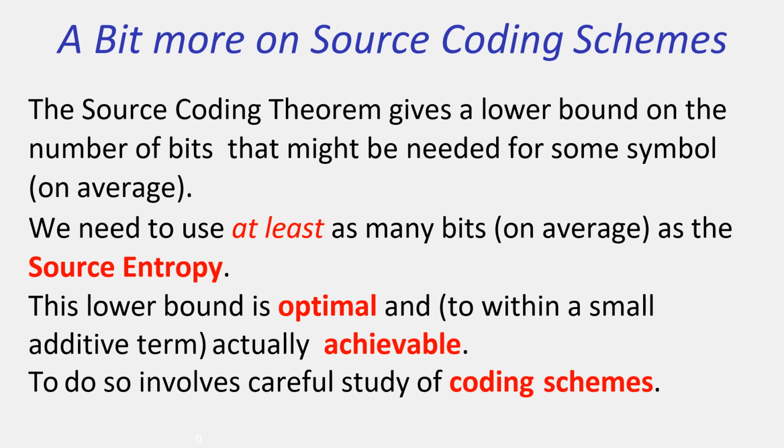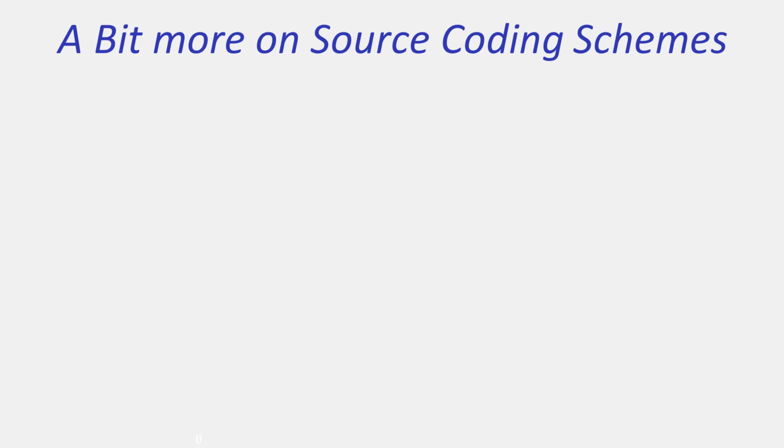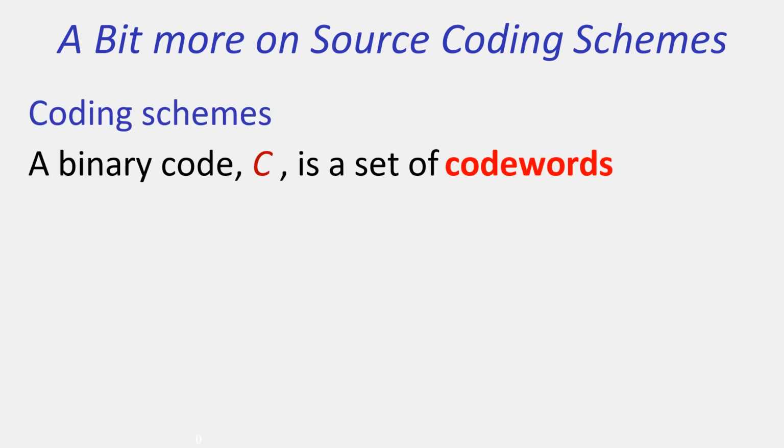In order to see how that's done, it involves a study of something called coding schemes. So what are source coding schemes? We have our alphabet, and we are looking for mechanisms to associate binary sequences with each symbol in the alphabet. That's called a binary code. It's a set of code words, and for each symbol in the alphabet, we have a distinct code word.